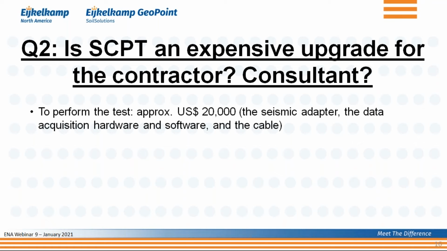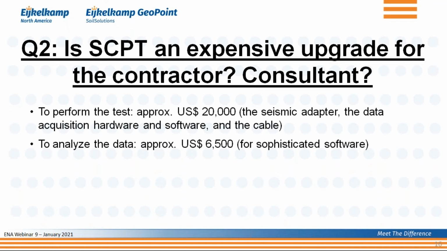So what you need in addition is roughly $20,000 worth. A little bit more if you want an automatic hammer, but if you just use a sledgehammer or create for yourself a pendulum hammer, as I showed you earlier, we're talking about $20,000 US, or since you're in Canada, about 26,000 Canadian dollars. That is to perform the test.